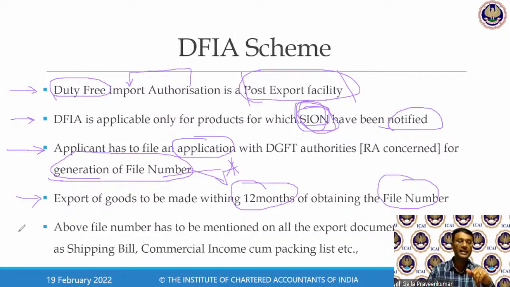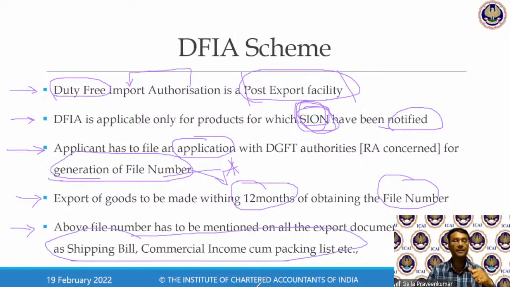Now, this file number allotted to me, I mention in all my export documentation. Why? I have to prove to the officer concerned, because it's a post-export facility. My commercial invoice, packing list, bill of lading, shipping bill, or bill of export, all these documents will have a reference called file number.